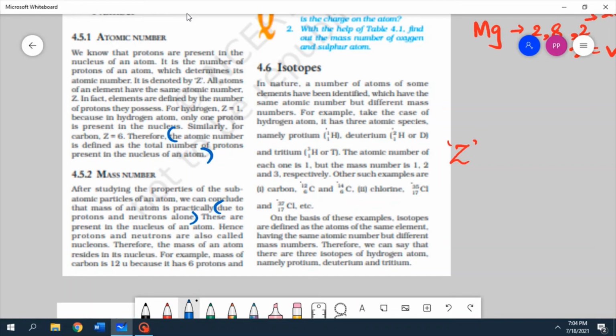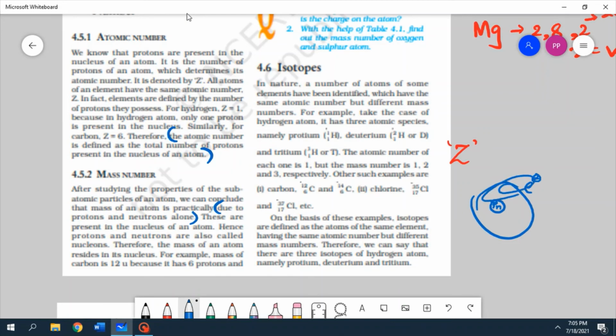Therefore, the mass of an atom resides in its nucleus. Protons and neutrons, that's P and N, and electrons are present all around the nucleus, right? That's minus.